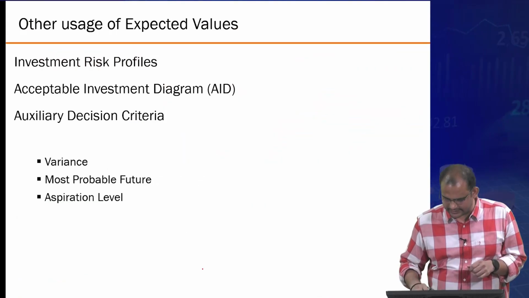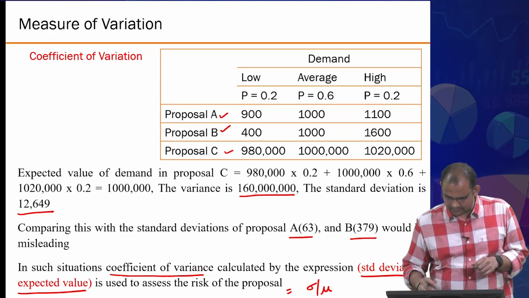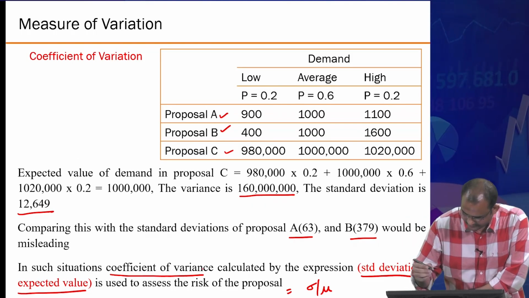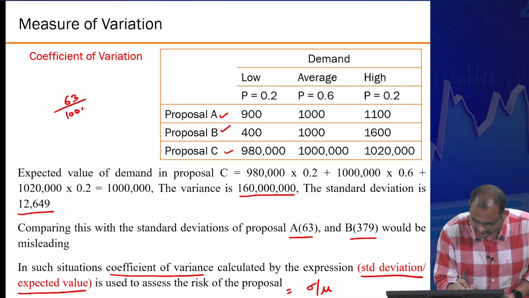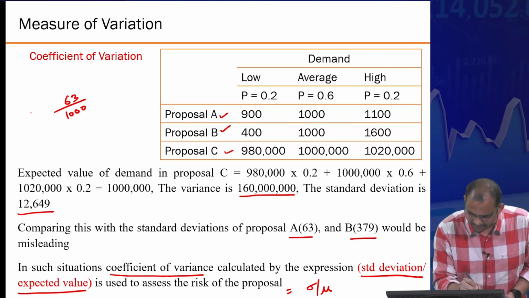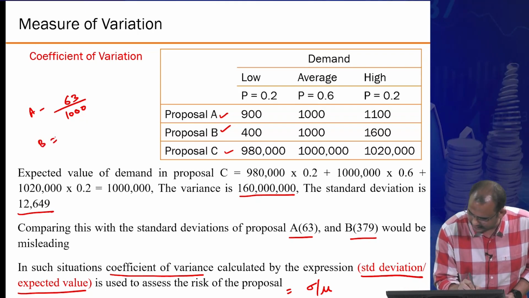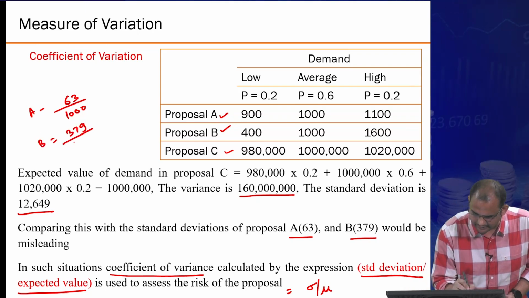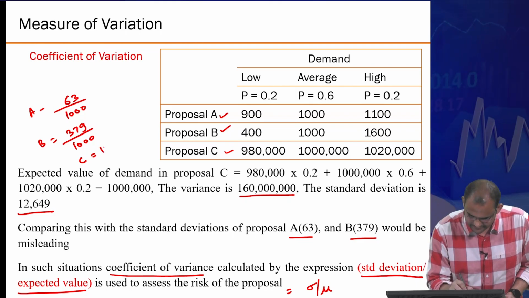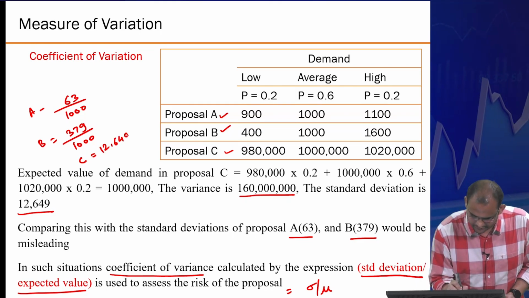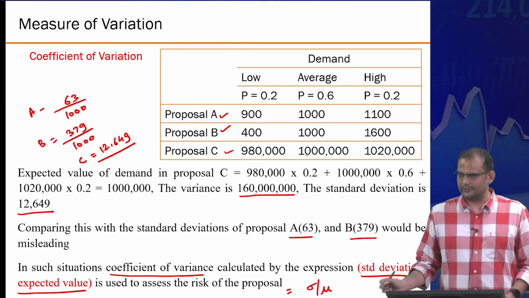Okay. So in this case, let's just calculate that. So 63 divided by the mean, which is 1000, this is for A. For B, it is 379 divided by 1000, and for C, it is what? The standard deviation is 12,649 divided by, can you give me the number?